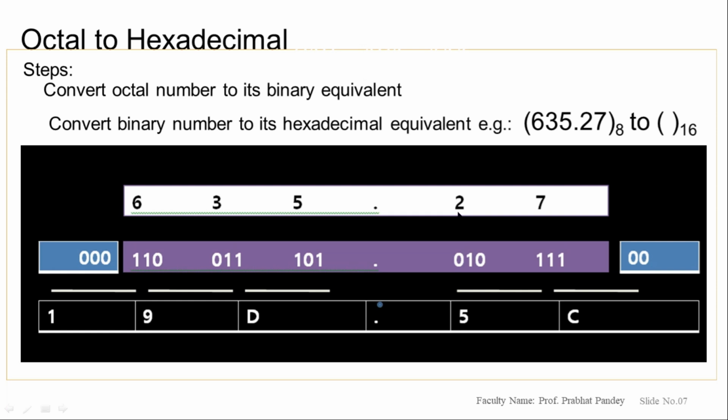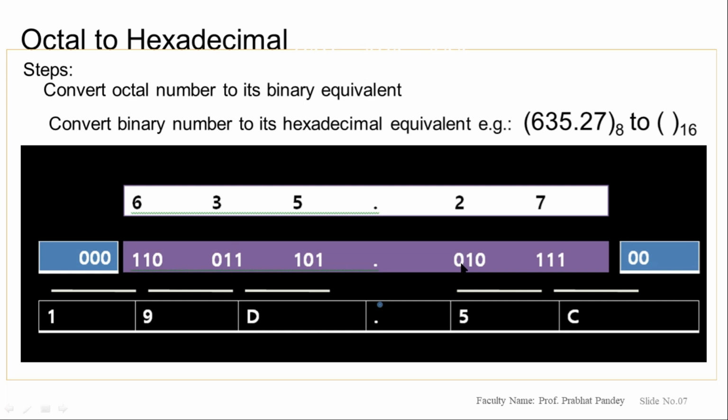So we write 2 in 3 bits, 7 in 3 bits, again 5 in 3 bits, 3 in 3 bits, and 6 in 3 bits. Now we need to add zeros in headers and trailers also, for making it 3 bits. Now we need to pair 2.